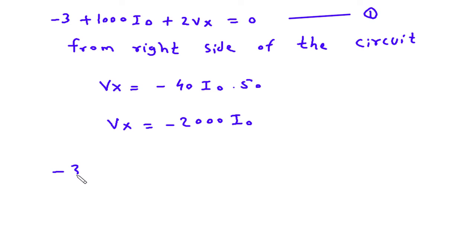So minus 3 plus 1000 IO plus 2 into minus 2000 IO is equal to 0.